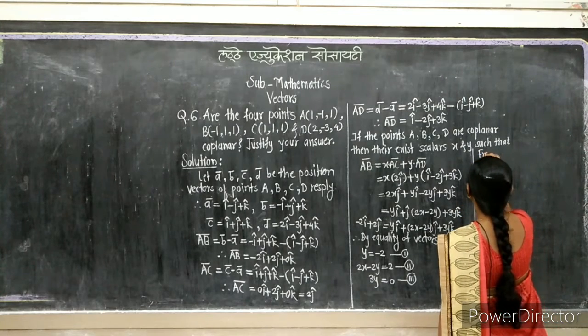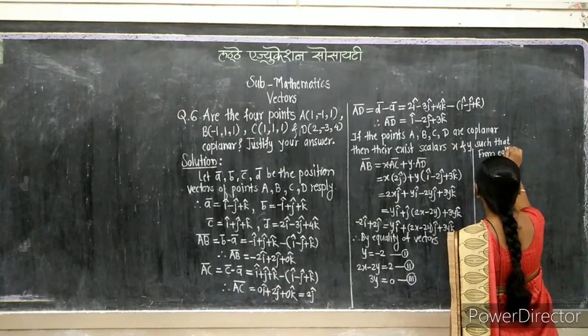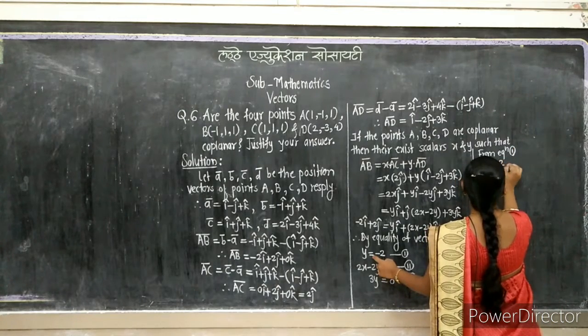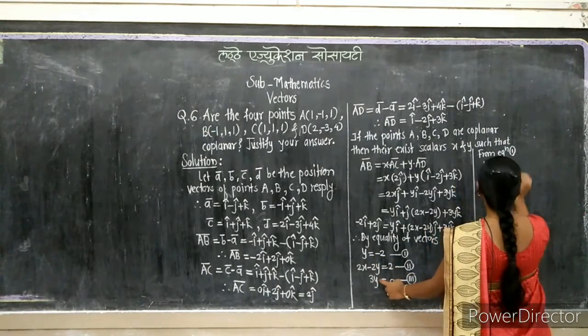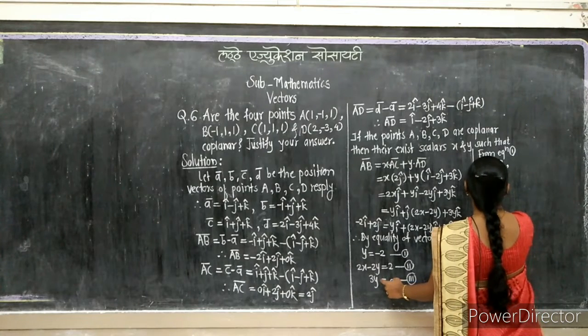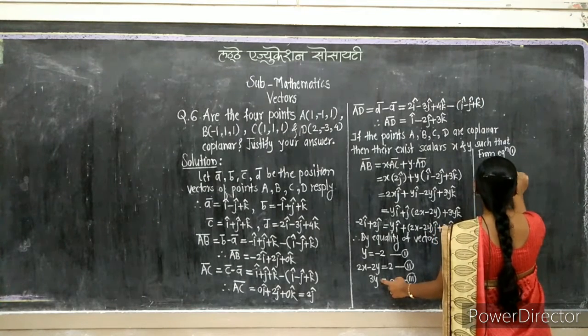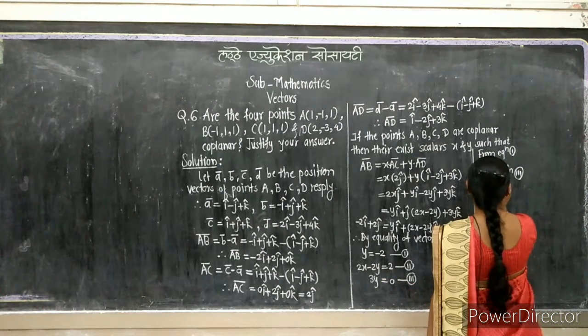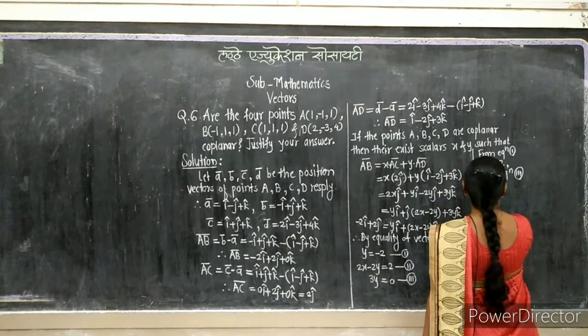From equation 1, y is equal to minus 2. From equation number 3, 3y is equal to 0. This is not possible.